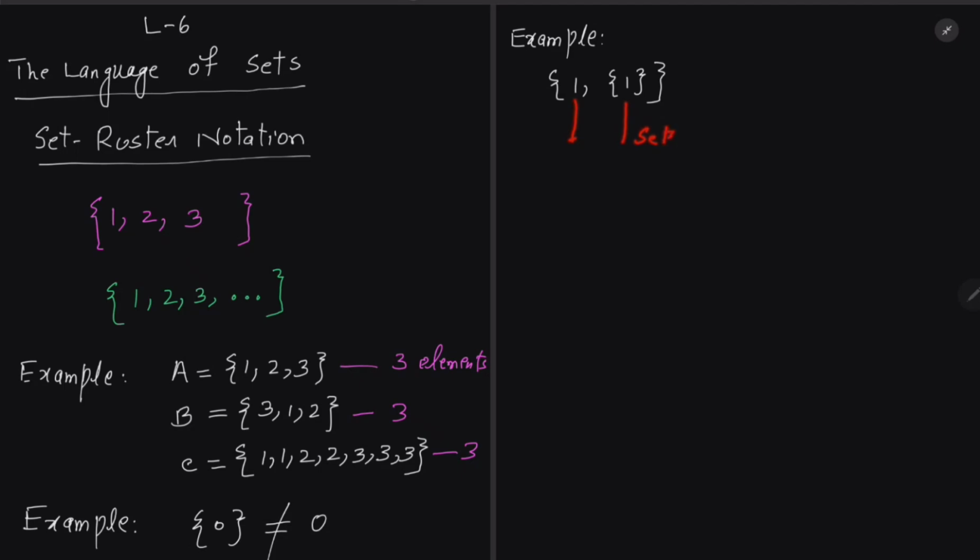So how many elements are there? Element number 1, element number 2. We are not concerned how the elements look, because an element can be a set or a number. So there are two elements in this set.